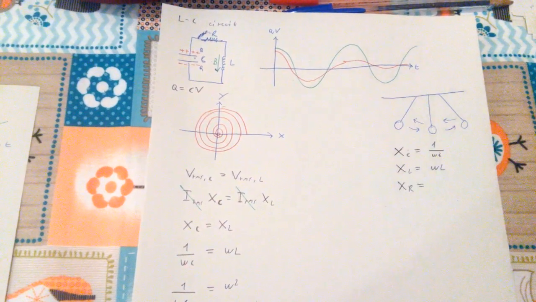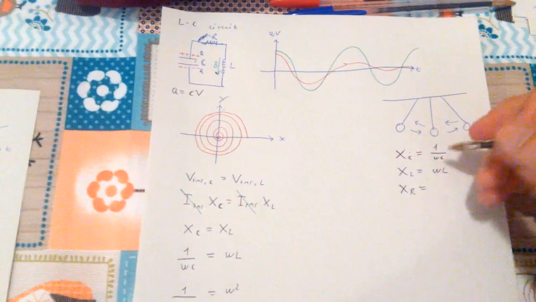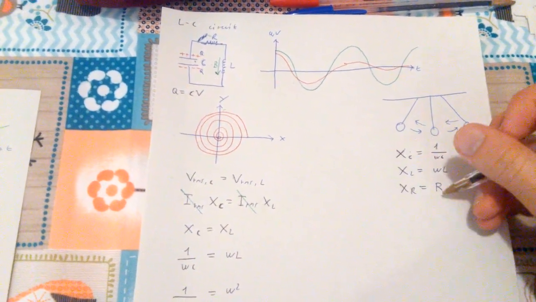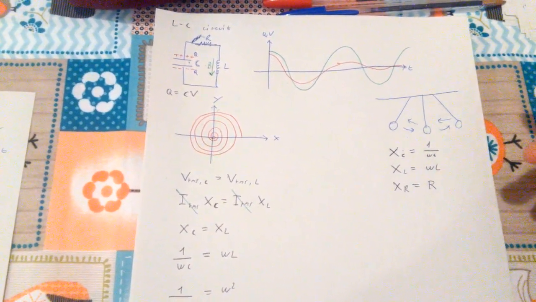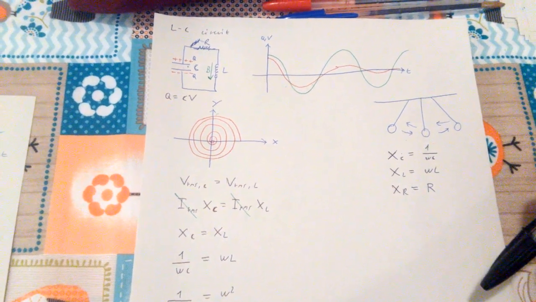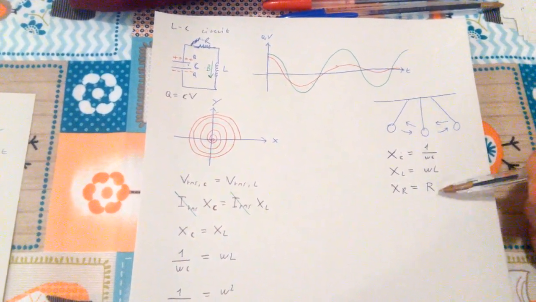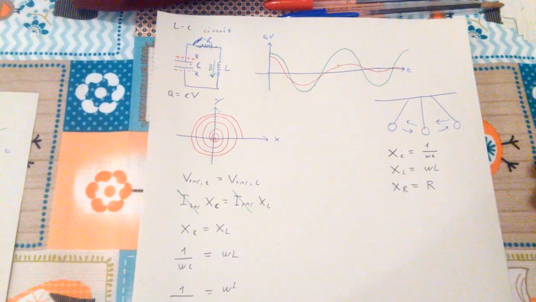What's the impedance of a resistor? Just the resistor itself, because in the resistor both voltage and current are in phase, so the impedance of the resistor is just the resistor itself.